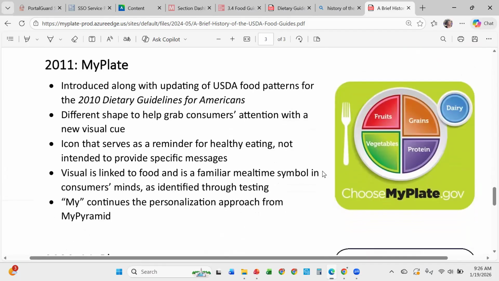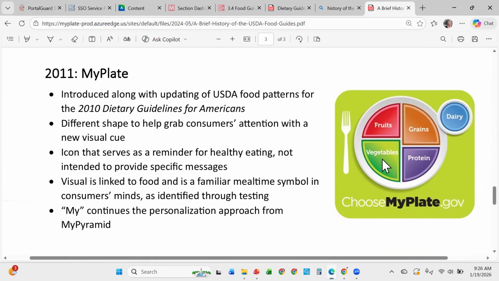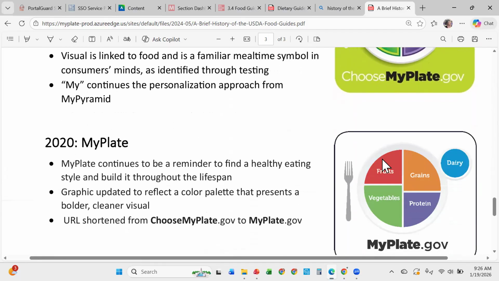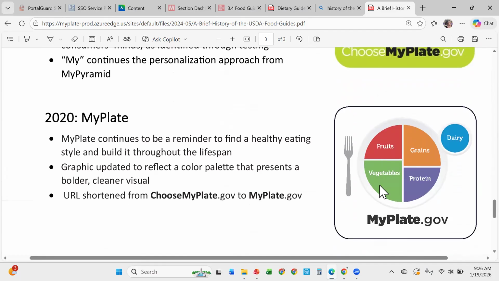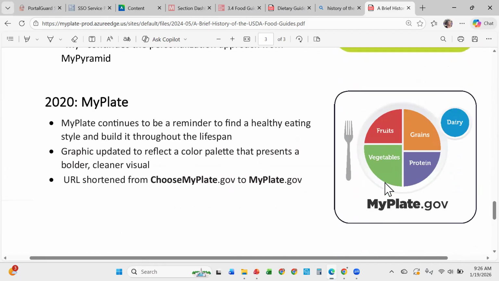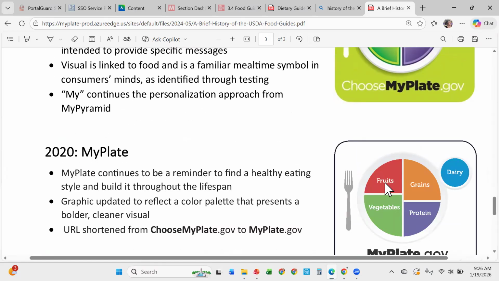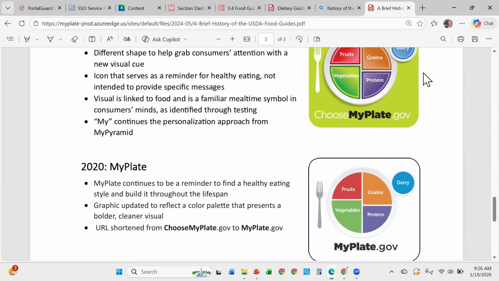And then in 2011, we went back to the circular plate model. Not saying that we went away from recommending exercise, but they focused more on the food groups and the quantity of the food groups. Then it got tweaked a little bit here in 2020. And now, as you'll see here in a minute, it has completely been revamped and gone back to the triangle model.